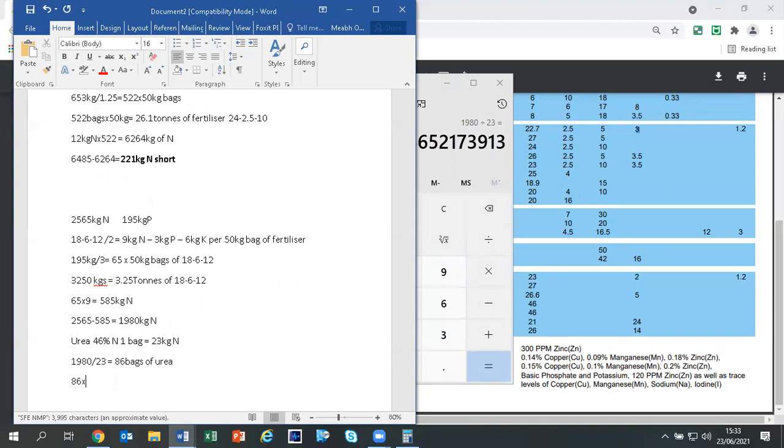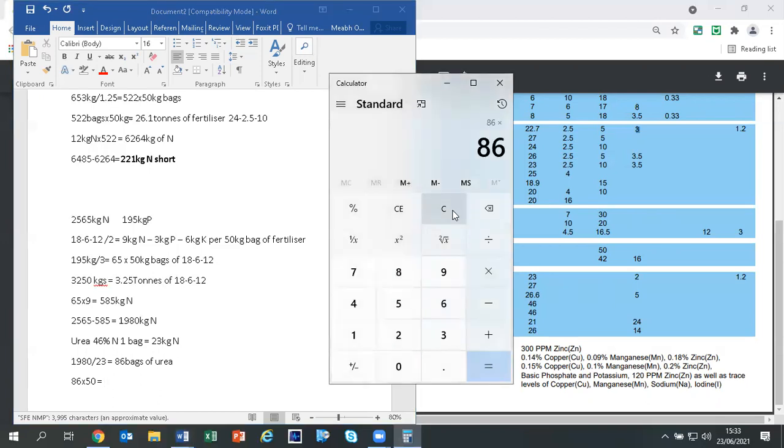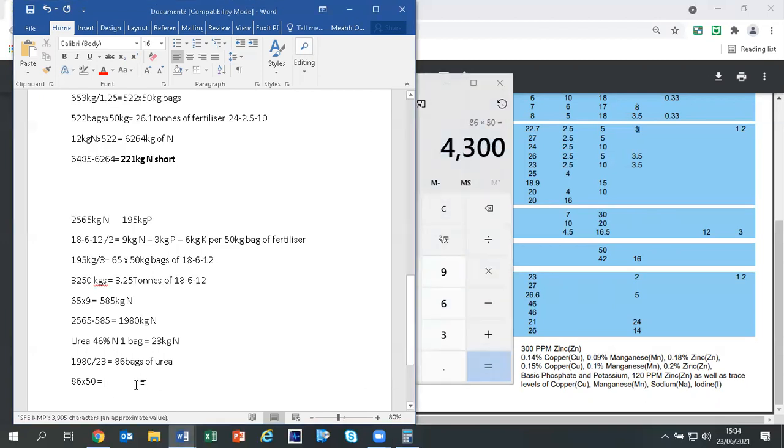So 86 times 50 is 4,300 kgs or 4.3 tons of urea.